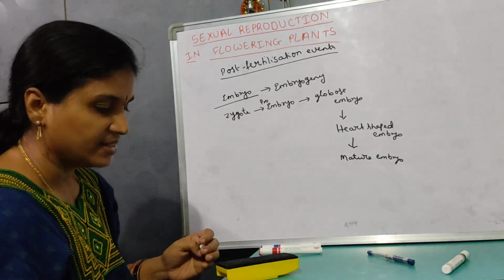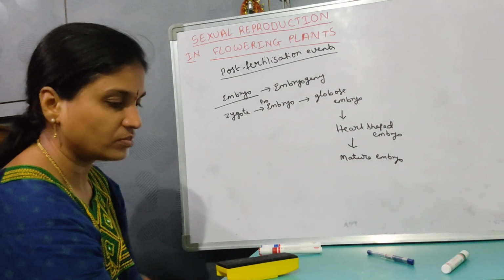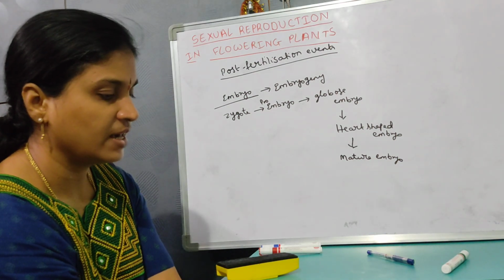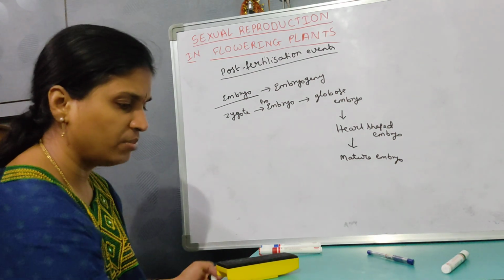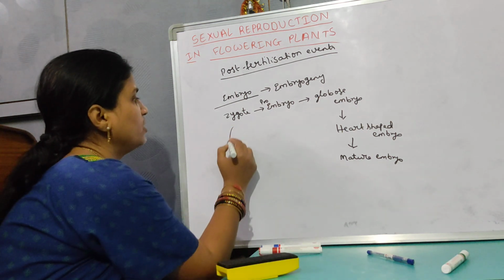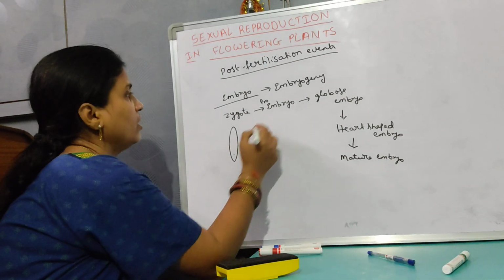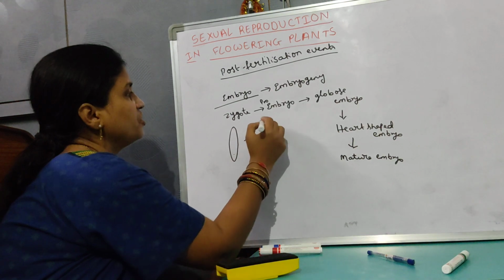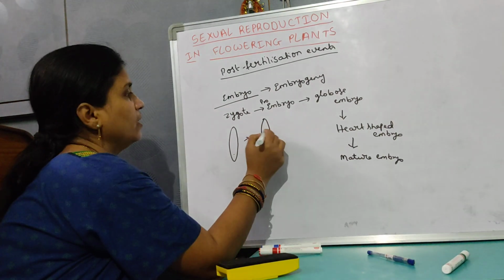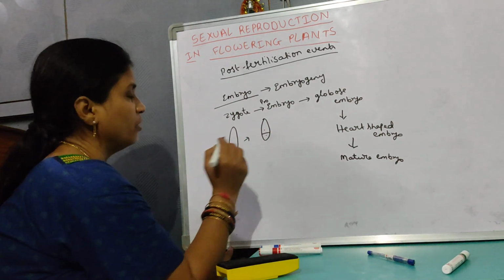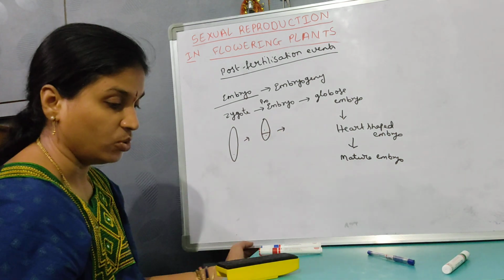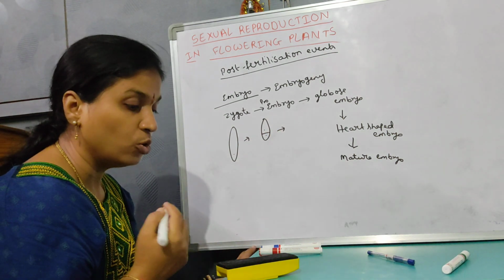Okay, so let us see the diagram for this. The diagram for the pro-embryo is simple. Suppose the zygote is like this. This will undergo some divisions and develop into the pro-embryo. Like this, 2 cells will be present, pro-embryo. Then globose embryo. Globose embryo means a globular embryo.